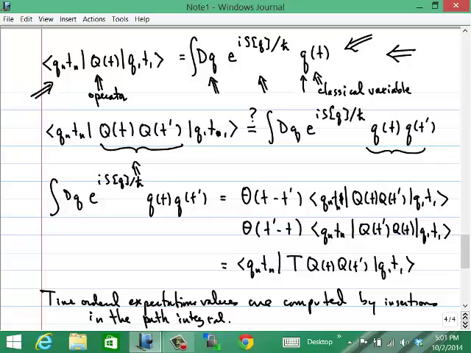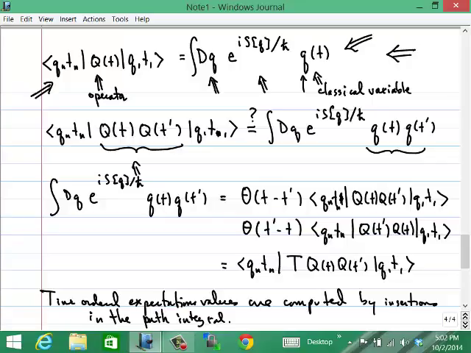Okay? I mean, it's kind of remarkable because you spent all of your lives in quantum mechanics being indoctrinated that quantum mechanics is nothing like classical physics and there's no classical variables and so on. But in the path integral formulation of quantum mechanics, you really can, in a sense, think about things in this more classical language. Okay? That's really why the path integral approach is so useful. It makes the correspondence between classical and quantum physics much more apparent.